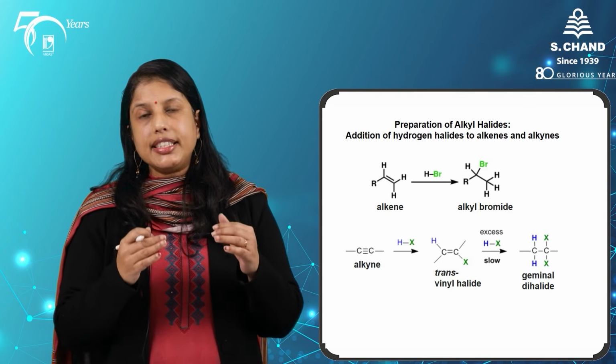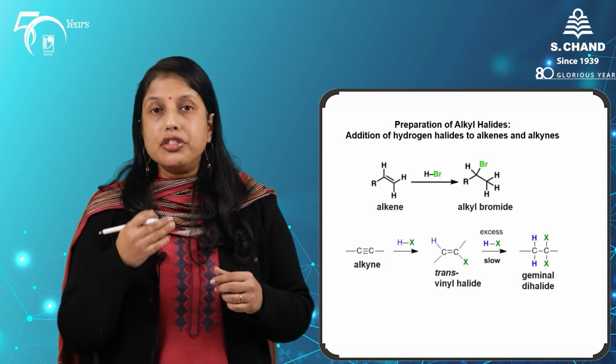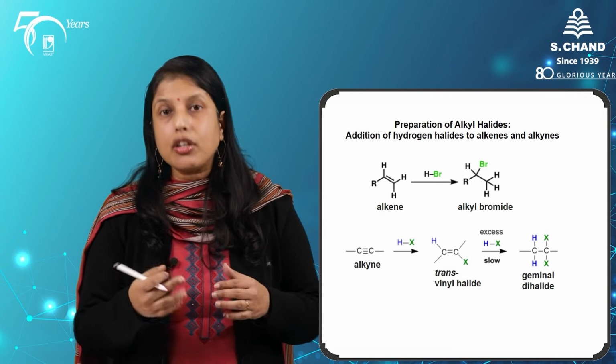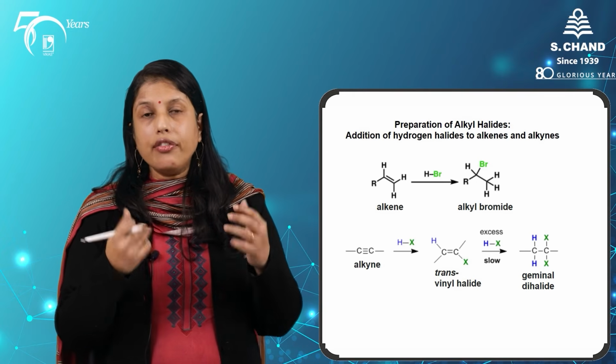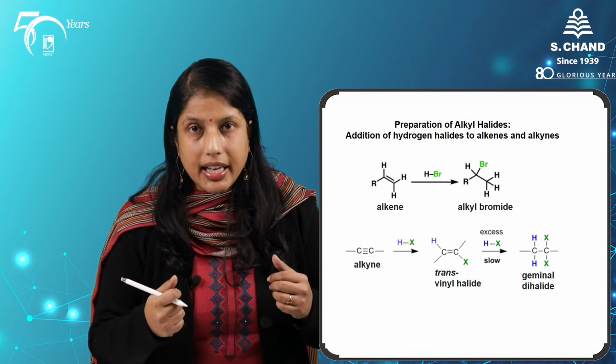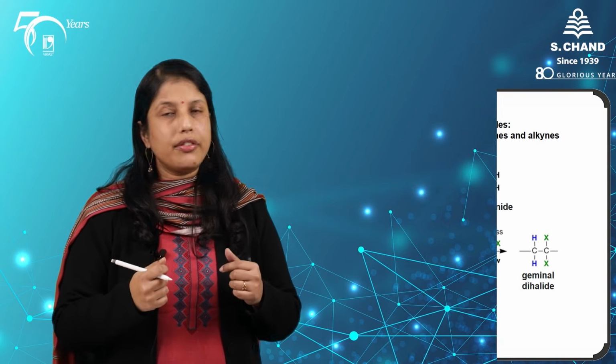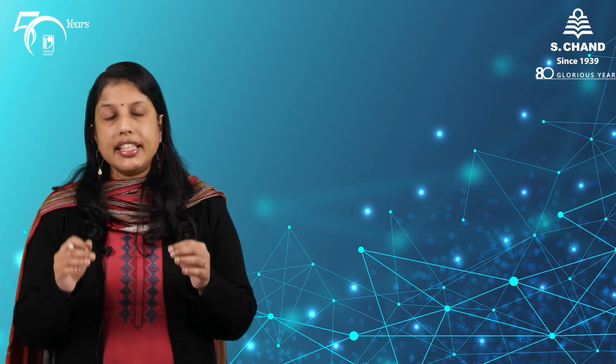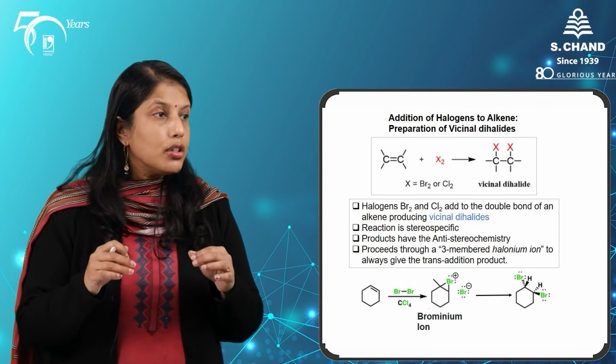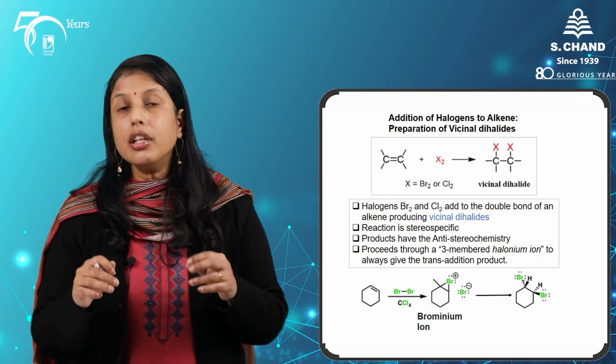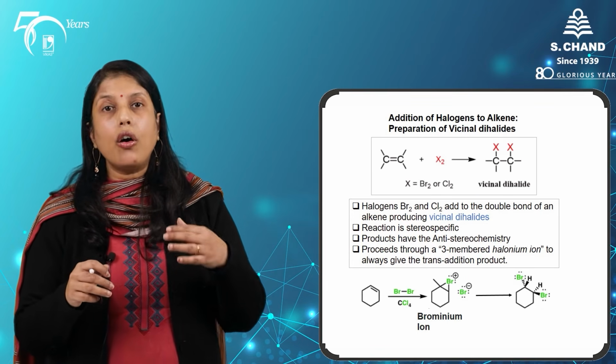Similarly, if we take alkynes and we treat it with an excess or 2 moles of our hydrogen halides, then that leads to the formation of a geminal dihalide.